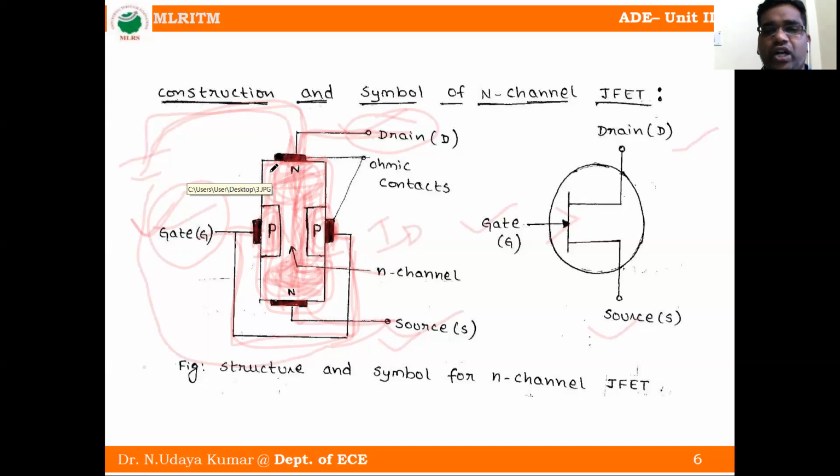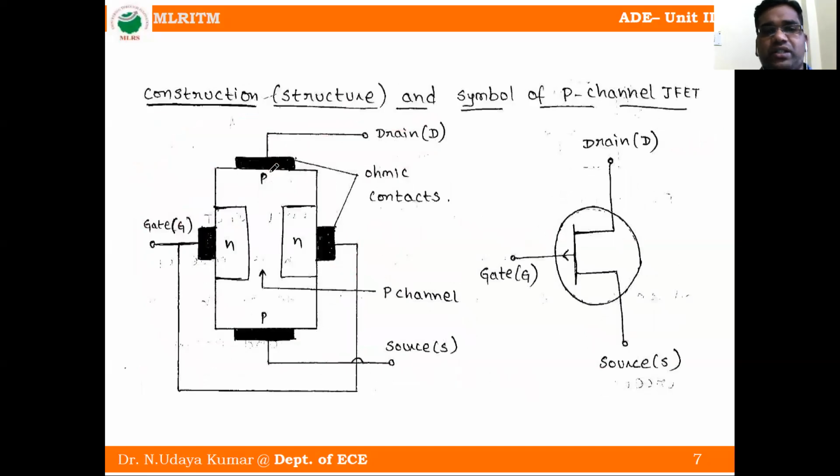Now we will see how to construct a P-channel JFET and its symbol. This is the construction structure and symbol of the P-channel JFET. It is similar to the N-channel JFET, with just a small modification. Previously we have taken an N-channel bar, or N-type bar. Now we have taken a P-channel bar.